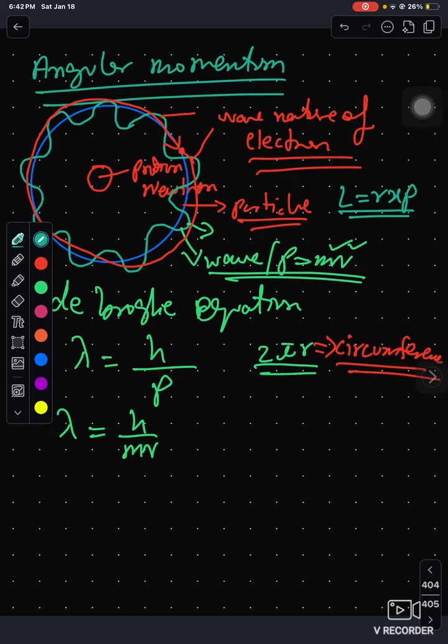This is in terms of classical physics. And we will end up with the same equation.